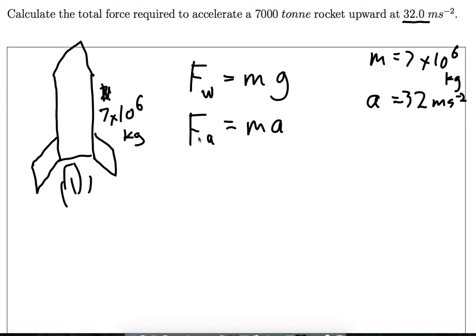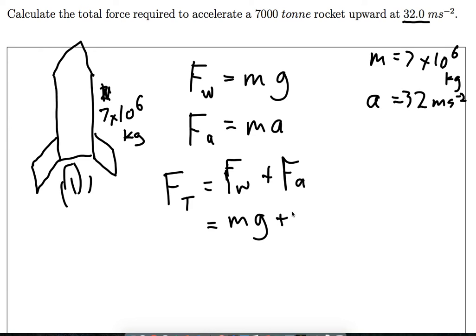We could put some sigmas in front of those for the sum of the forces acting and so on if we wanted to. So the overall force that we need, F total, is just the weight force plus the accelerating force, which is mg plus ma. If we wanted to, we could pull out m as a common factor.